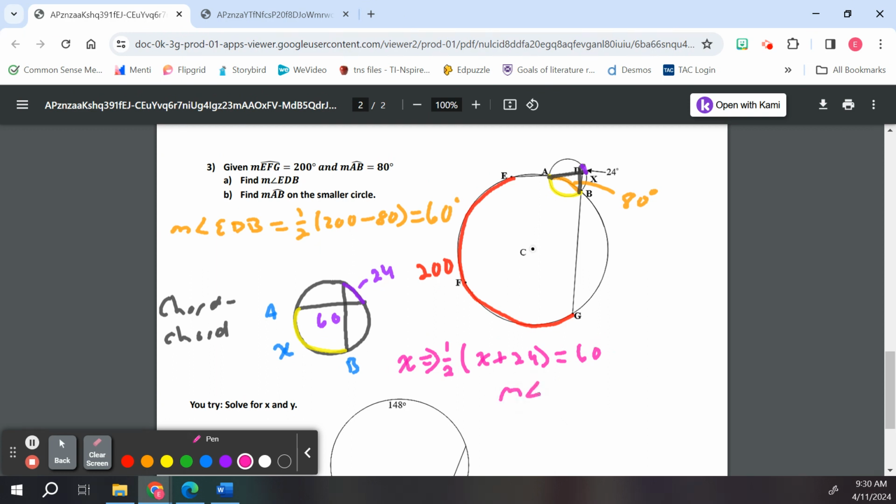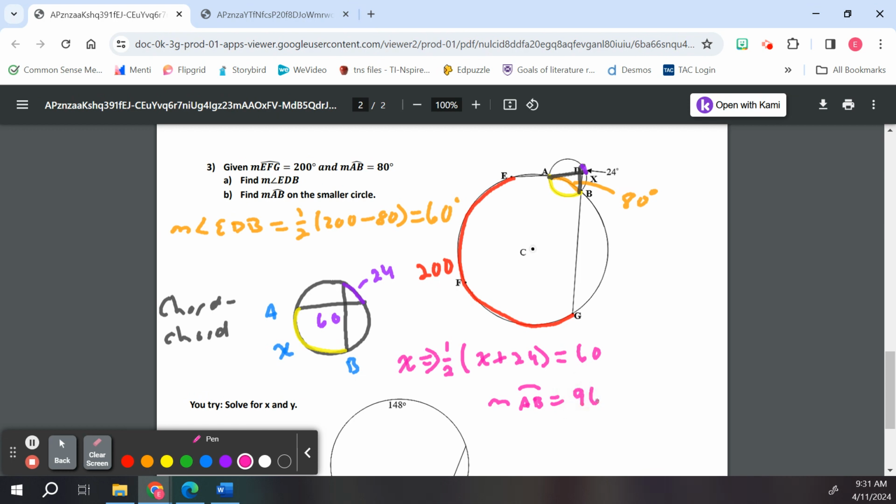So someone tell me, what is the measure of angle X? Not angle, arc. Measure of arc AB. That's better. What do we end up getting? Tony? What'd you get? 96 degrees.